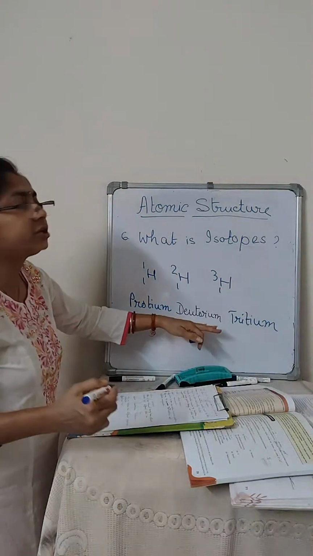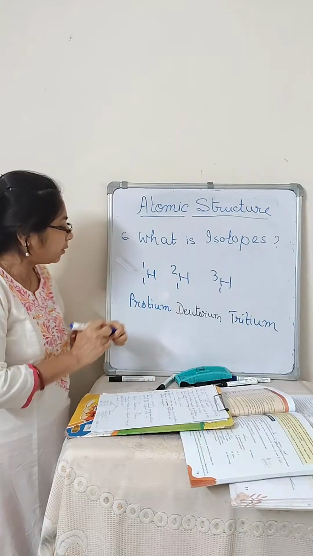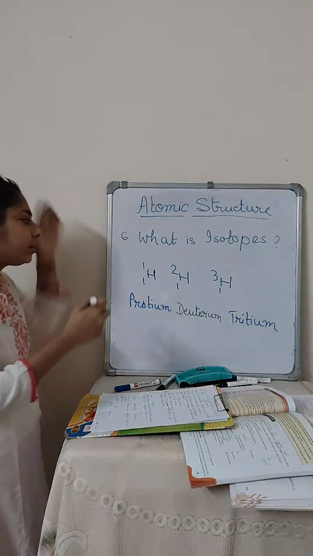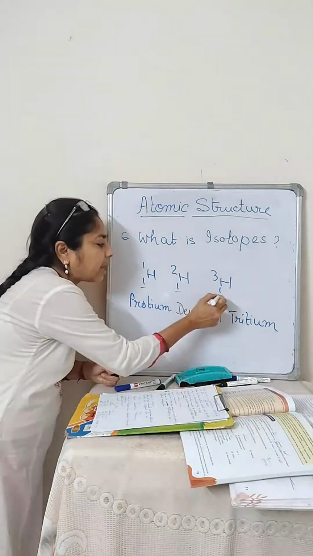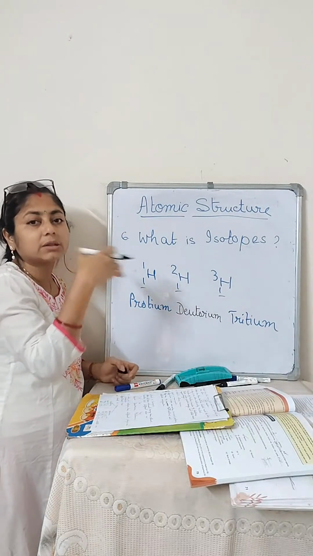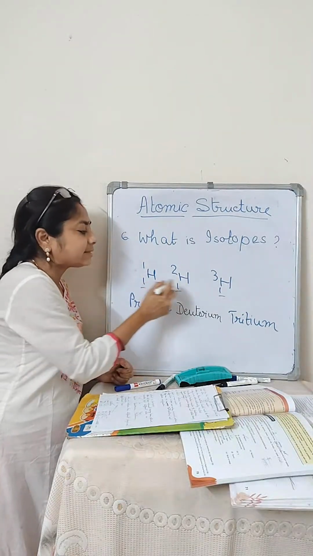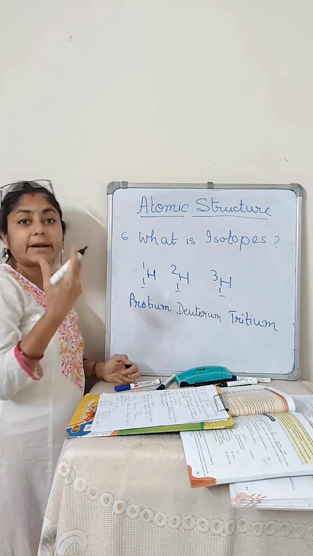Protium, deuterium, and tritium. Look, now you notice one thing. All the atomic numbers are the same, which means all the proton numbers are the same. This is 1, 1, 1. Then where is the change?